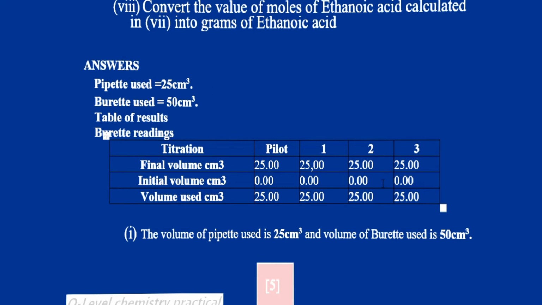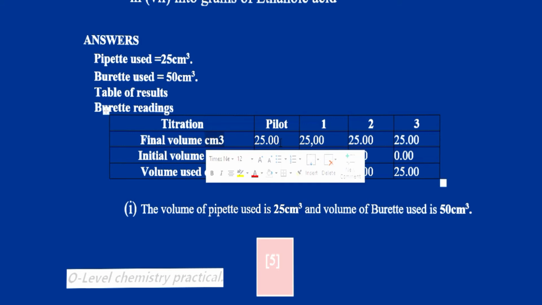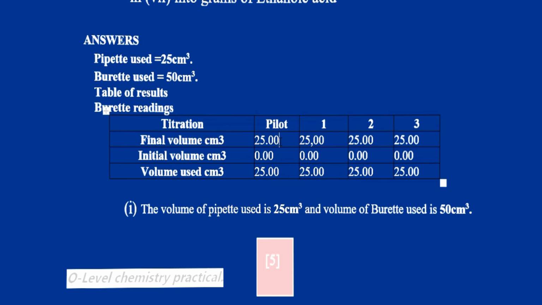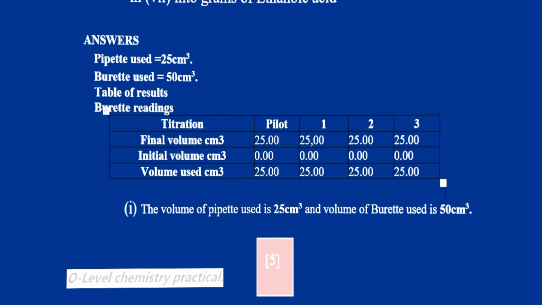The volume of pipette used is 25 according to our equations, and the pipette we have used in our laboratory. Volume of burette is 50 mL. Even in this question you can use 20 mL. It is very important to note the pipette used.